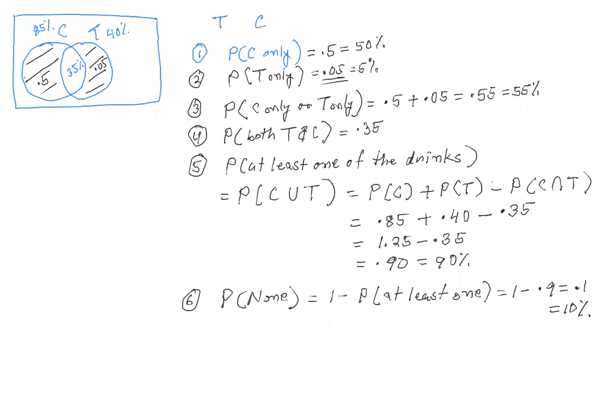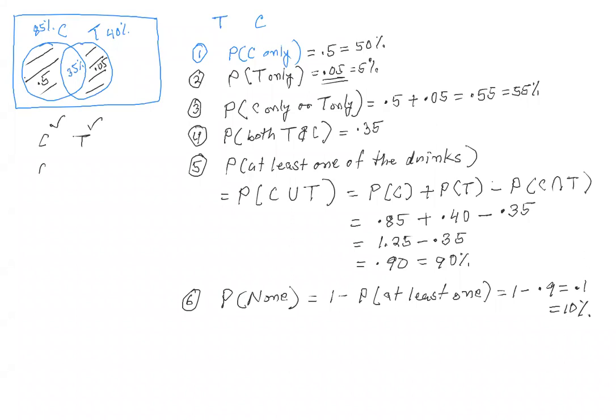So let's say our events are C and T, right? What could happen in this world of tea and coffee? You can drink coffee and you can drink tea. Okay, that could happen.